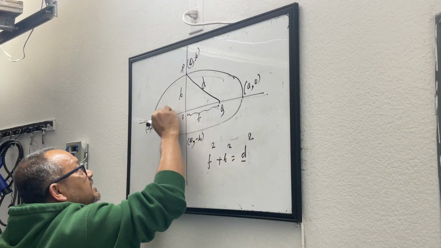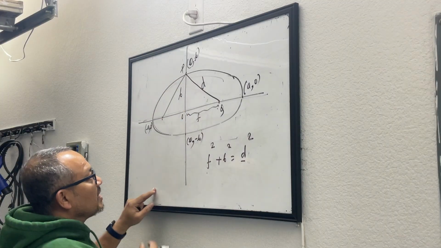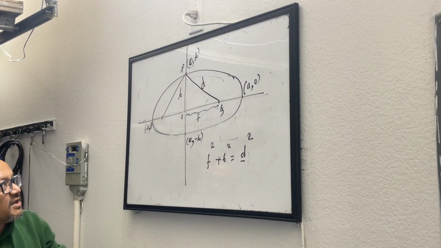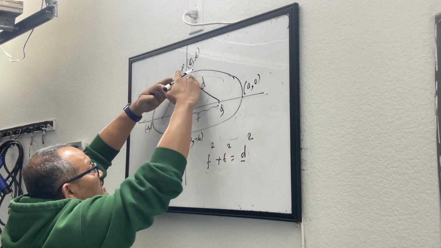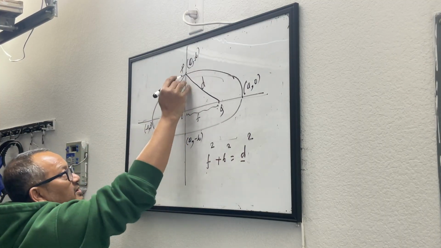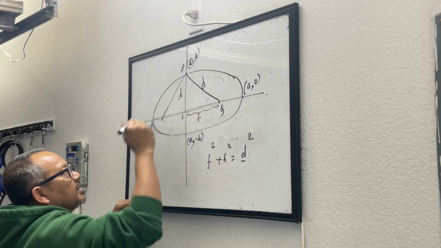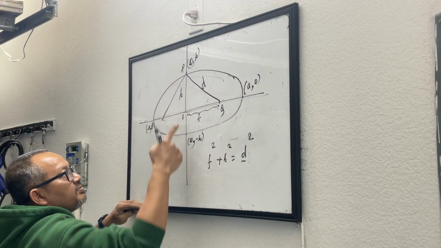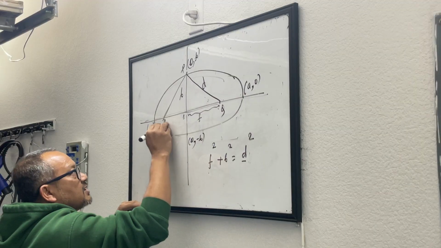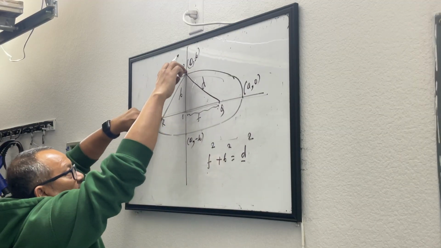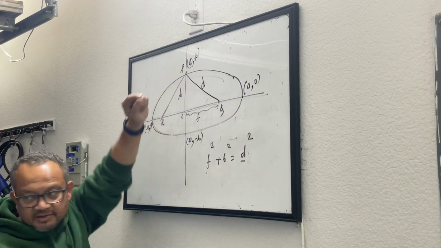So if I join this point also, what am I seeing here? I am seeing that whatever this distance will be, the same. Let me give it a name, P, Q, and let me give it R. So this distance PR and this distance PQ will be the same.